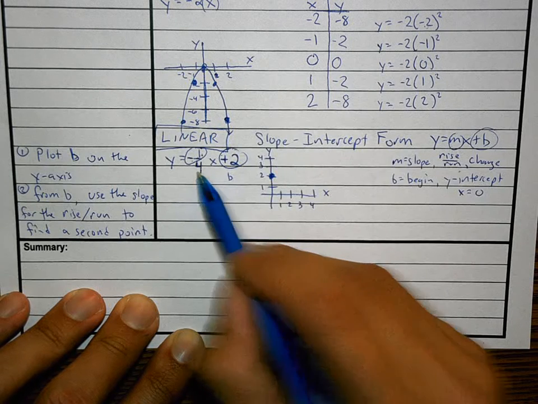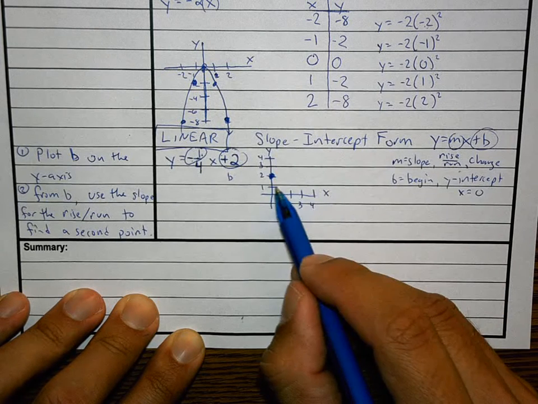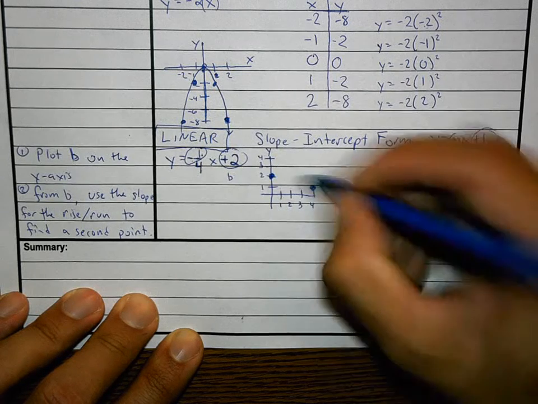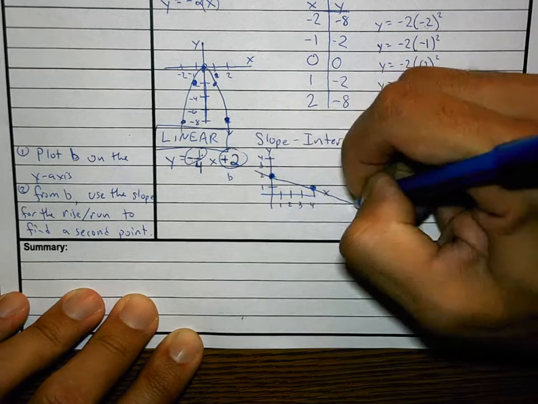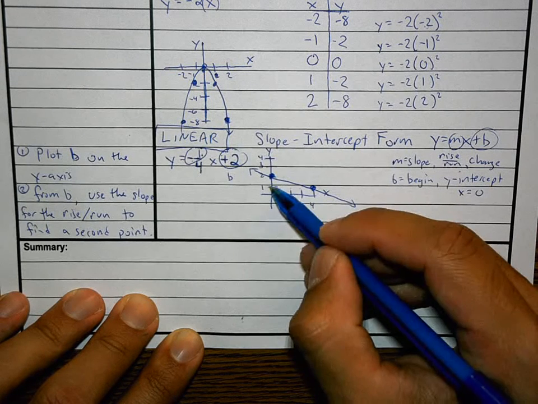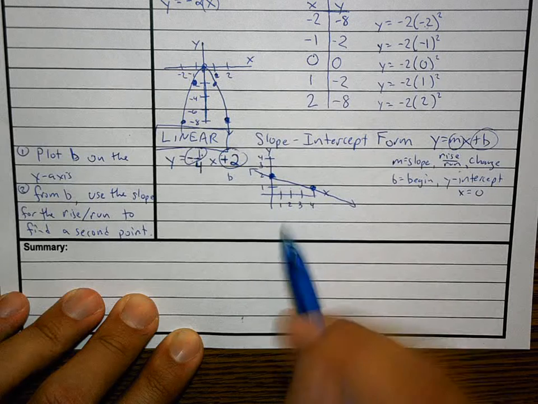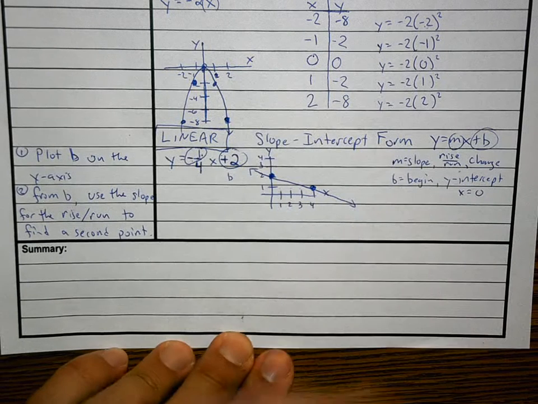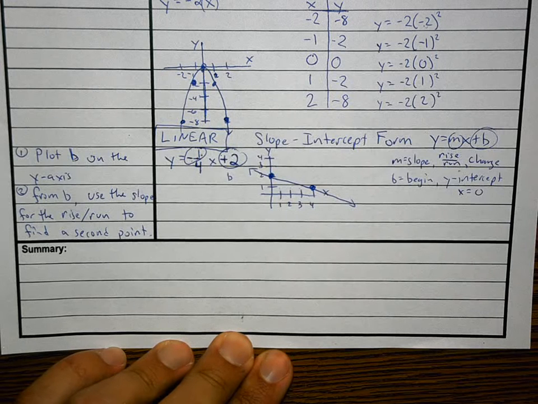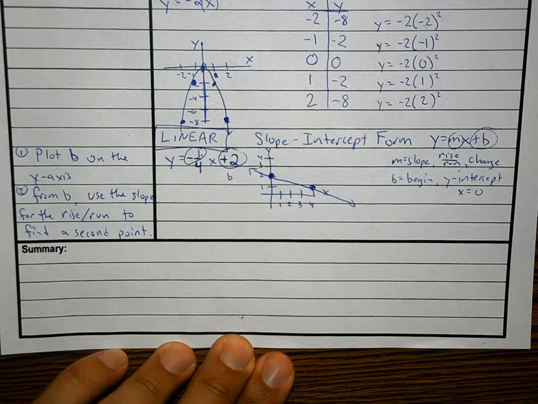This 4 is positive. Down 1 to the right 4, which creates a negative graph that goes downward from left to right. Does that make sense to you?